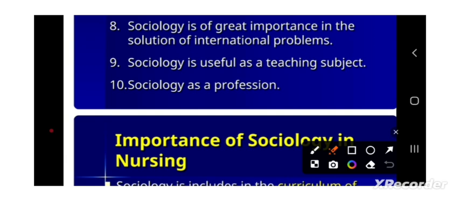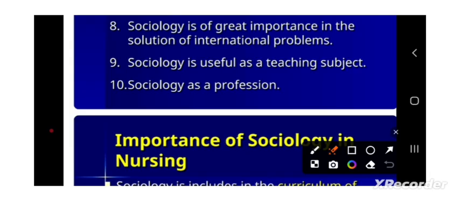By understanding the social roots of international conflict, sociology can contribute to diplomatic efforts, peace building, and effective international cooperation.